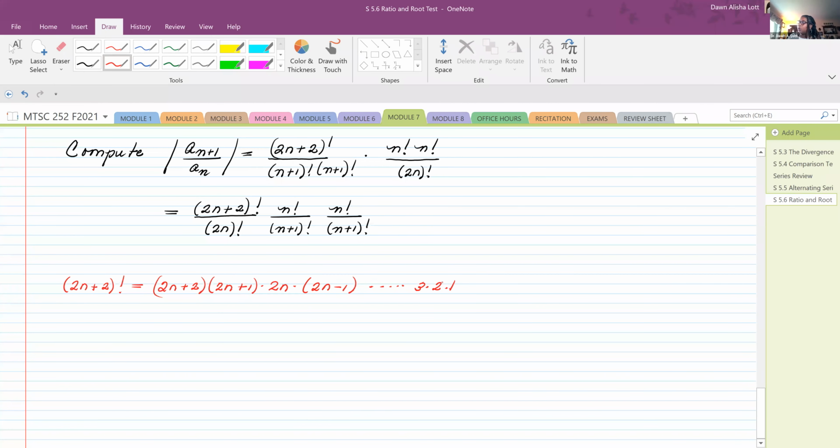So that's (2n+2) factorial. As you can see, (2n+2) factorial is (2n+2) times (2n+1), and then this piece is just (2n) factorial.